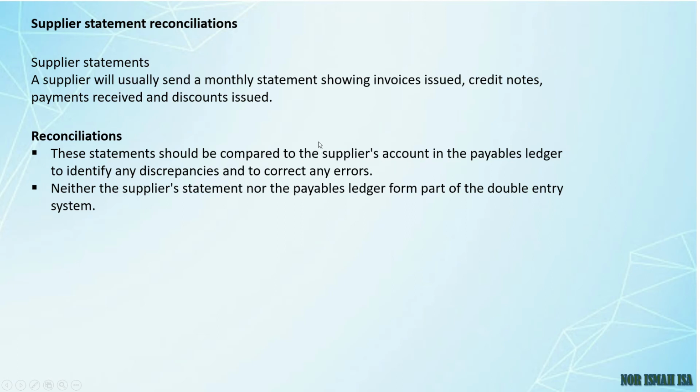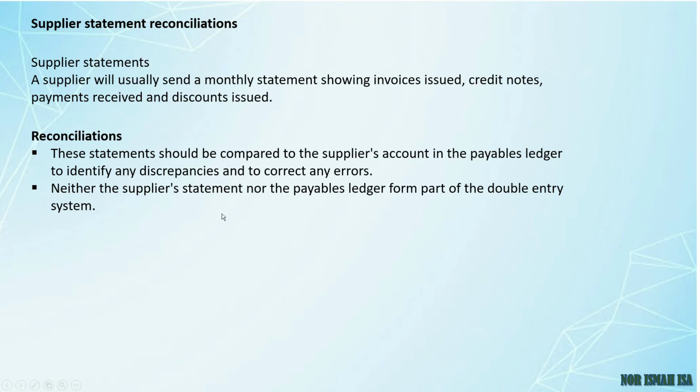So you need to compare the supplier account with the memorandum ledger, where you get the supplier name and the supplier account. You just compare the amount from the supplier statement with the payable ledger, and any difference, you need to correct it.